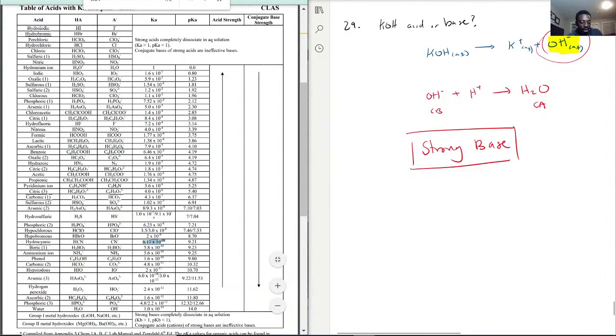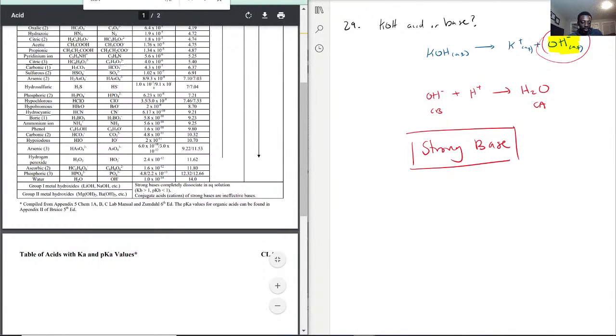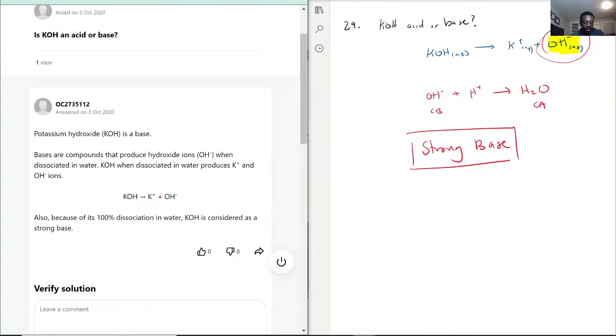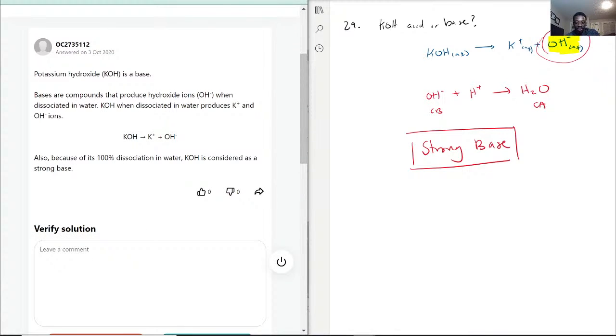See OH minus all the way down here. Yes, it is quite a strong base. So KOH, K plus OH minus, because K also dissociates completely. They dissociate completely with each other, making this not just a base, but a strong base.